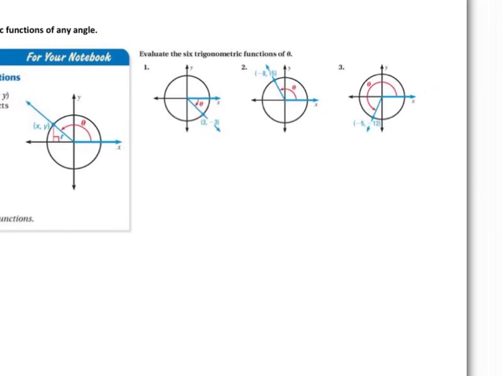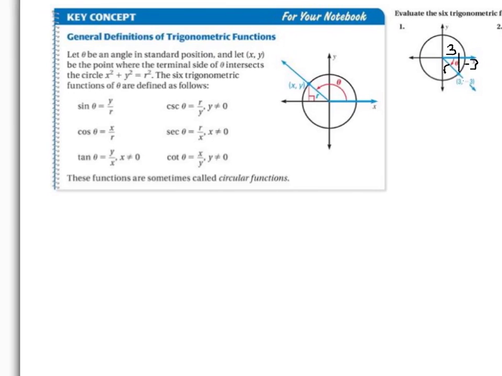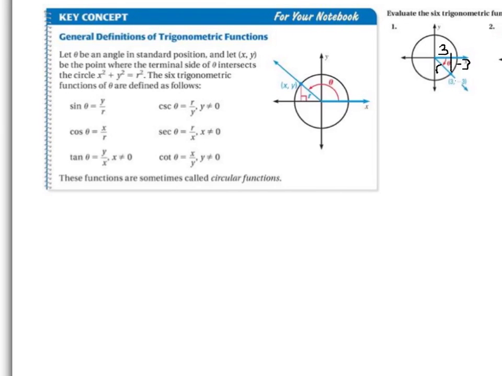Evaluate the 6 trig functions. So I have the point 3, negative 3. So the first thing I have to do, this was 3, this was negative 3. I need to find r. Right here, x squared plus y squared equals r squared.